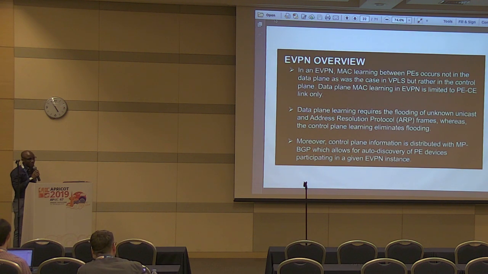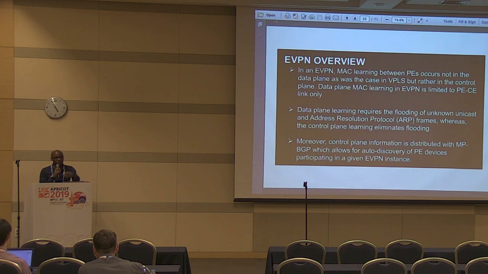So with multi-protocol BGP in the control plane, that gives us a lot of advantage when it comes to implementing VXLAN. One advantage, if you recall, is that with vanilla VXLAN there is no auto discovery. You have to manually define your remote VTEPs.